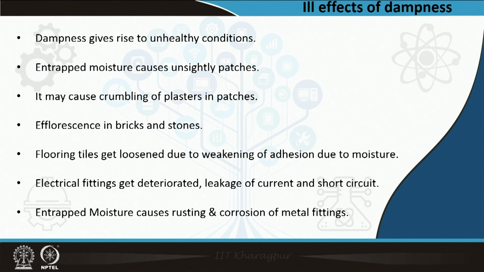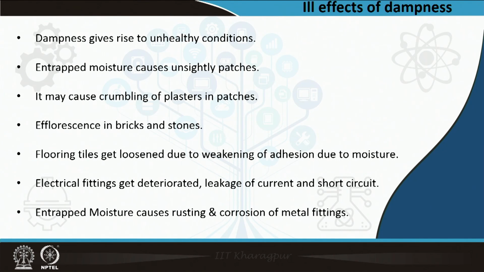We can summarize that damp gives rise to unhealthy, unhygienic conditions, but how can we understand that a place is getting damp? This entrapped moisture can give some clue through its unsightly patches.